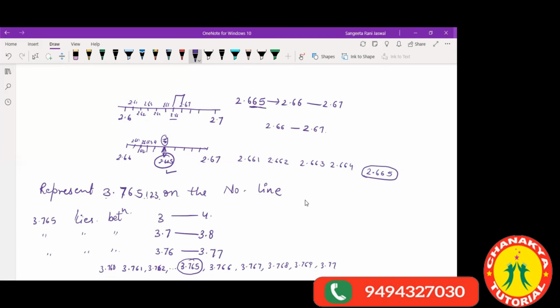As you get smaller portions, you will keep on magnifying them, and between each you will do 10 divisions. Even if you are given a number as big as 3.76512, you will be able to locate its position on the number line. Got it?